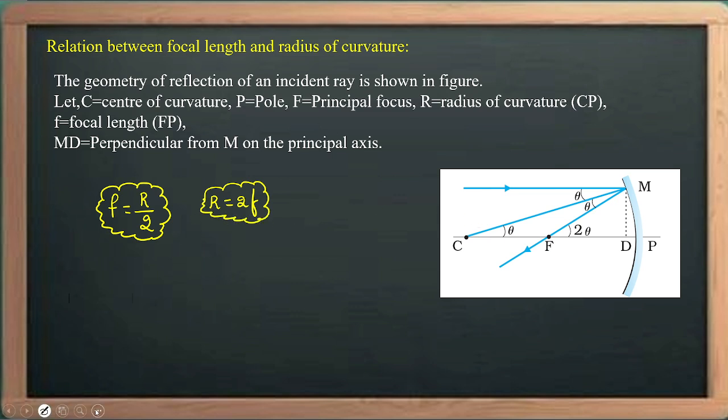So from where to where we measure the focal length? It is the distance between the pole and the focus. So focal length is the distance between the focus and the pole, and radius of curvature is the distance between center of curvature and the pole. Okay, so this is one thing.